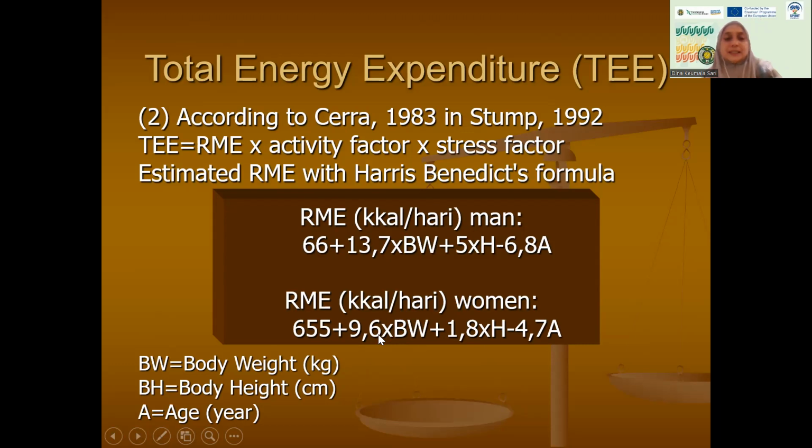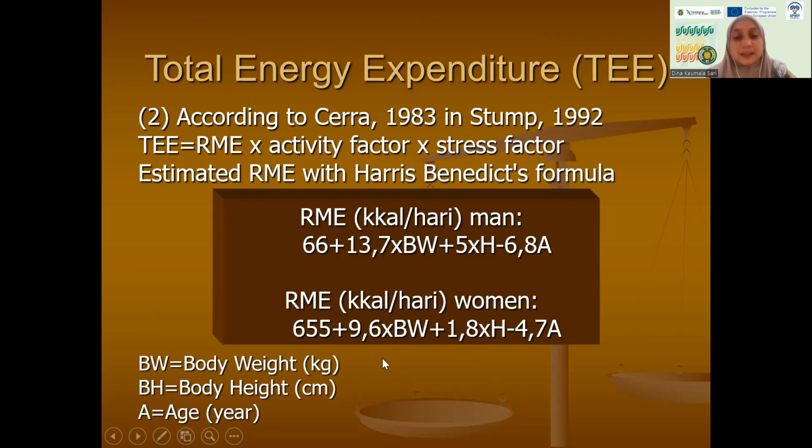This is very easy when we can use this one. For men: 66 plus 13.7 multiplied by body weight plus 5 multiplied by height in centimeters, minus 6.8 multiplied by age.